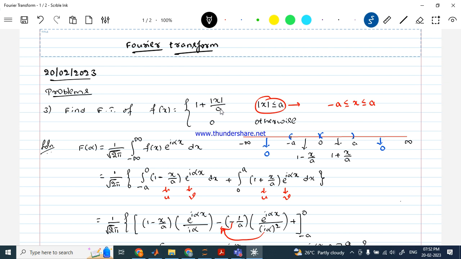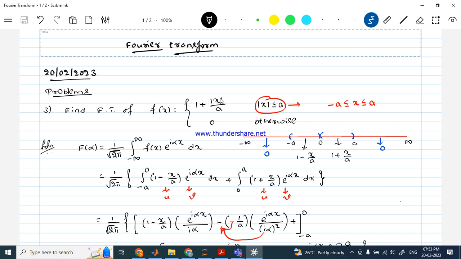Otherwise, the integration works just similar to your Fourier series problems or the problems we discussed in the previous class. Here the first thing is, the function is given like this. They're saying that the value of f of x from minus a to plus a is given by this, otherwise it is 0, which means before minus a it is 0, after plus a it is 0, between minus a and plus a it is given by 1 plus mod x by a.